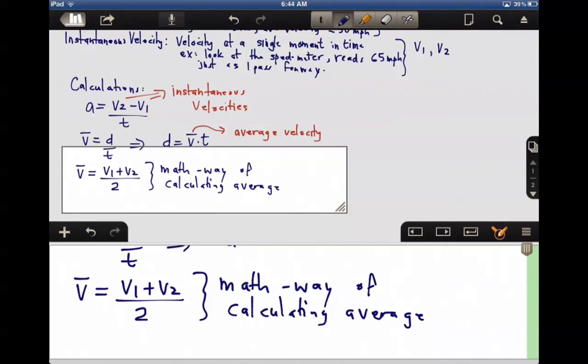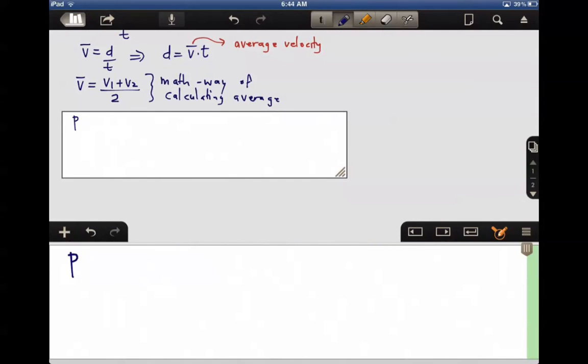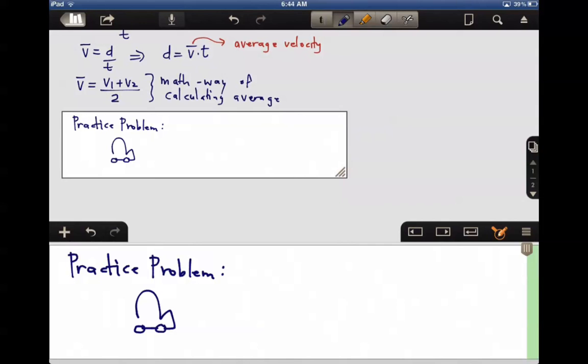So I'm going to go ahead and do a practice problem here. Get out pencil and paper so you can do it with me. I have a car, and it starts at rest.